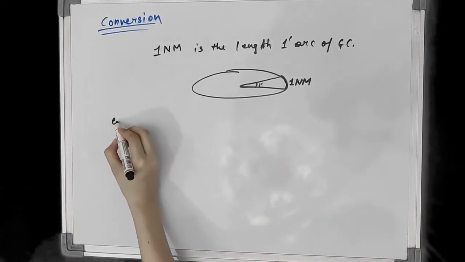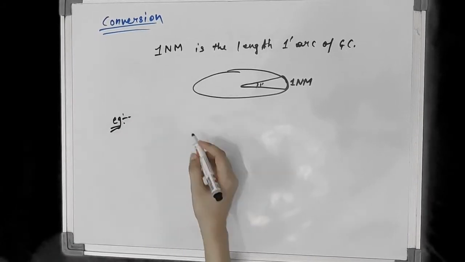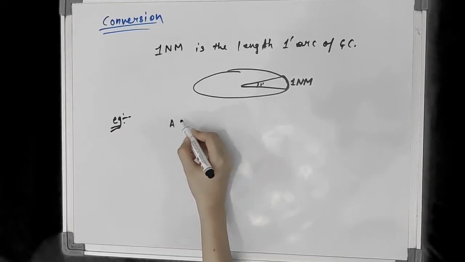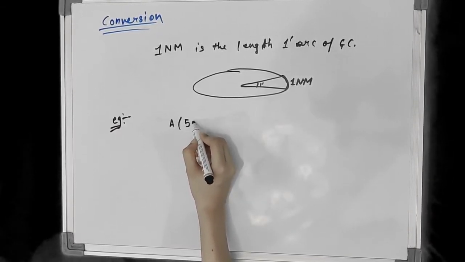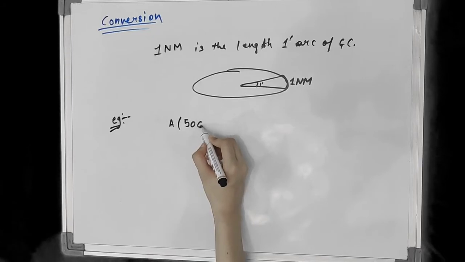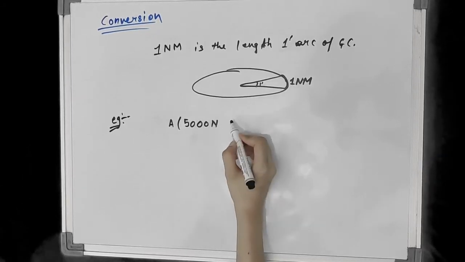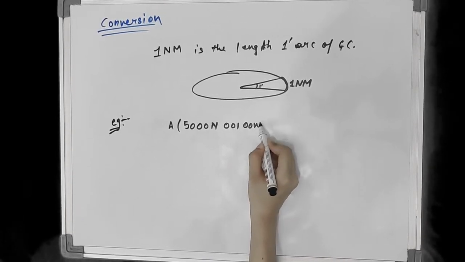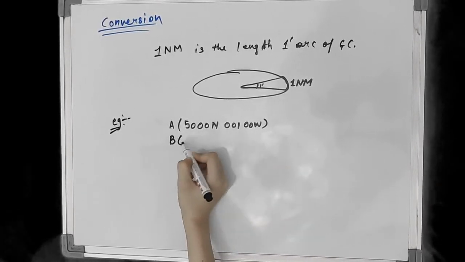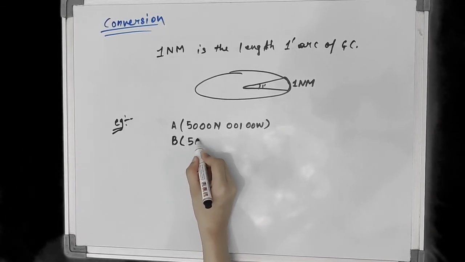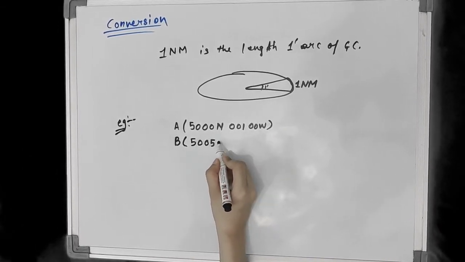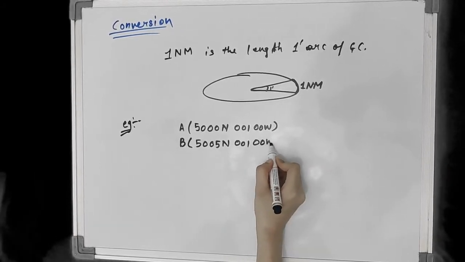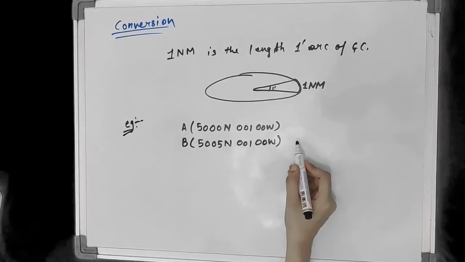Now, for example, the difference in latitude between position A, that is 50 degrees 0 minutes north, and 1 degree 0 minutes west, and B, which is 50 degrees 5 minutes north and 1 degree 0 minutes west, is exactly 5 minutes.